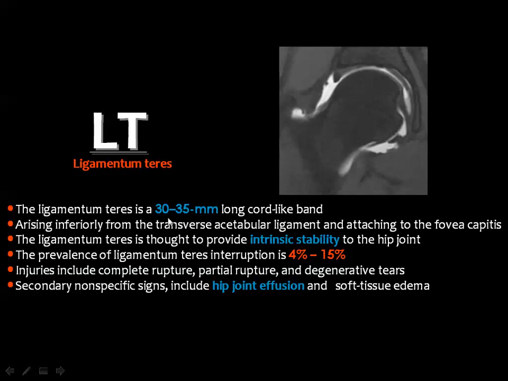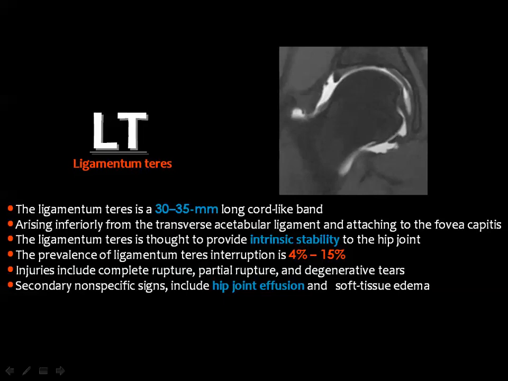Its length is in the range of 3 to 3.5 centimeters, and it is thought to help in the stability of the hip joint. Injuries of the ligamentum teres are in the range of 4 to 15%, and MRI is considered the best modality for evaluation of ligamentum teres pathology.